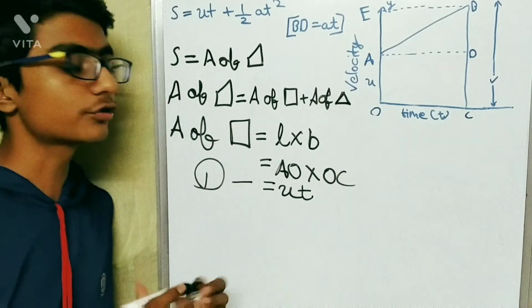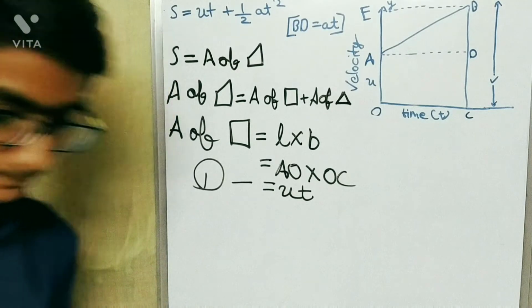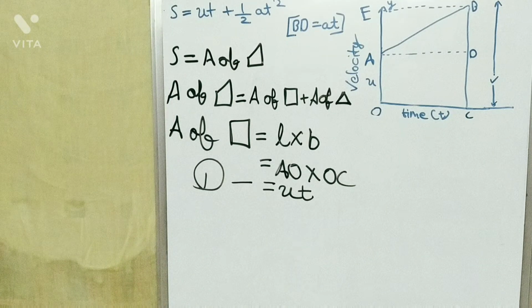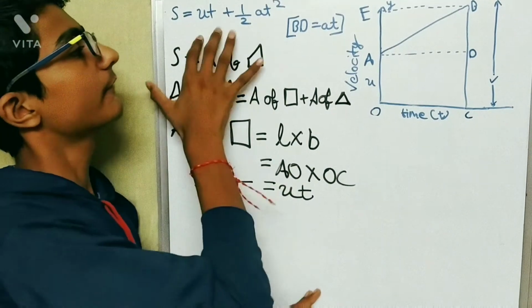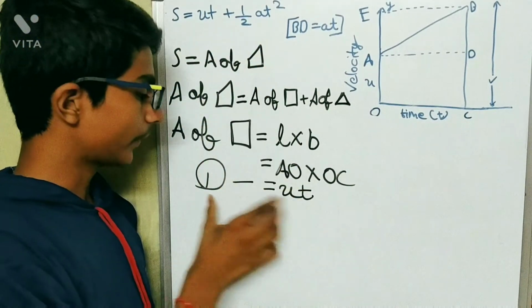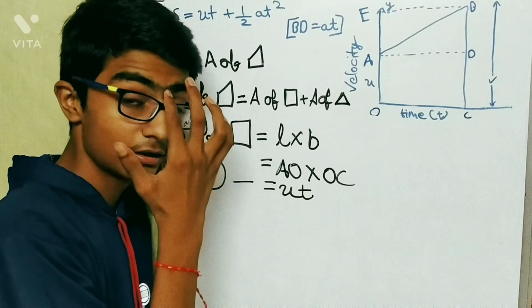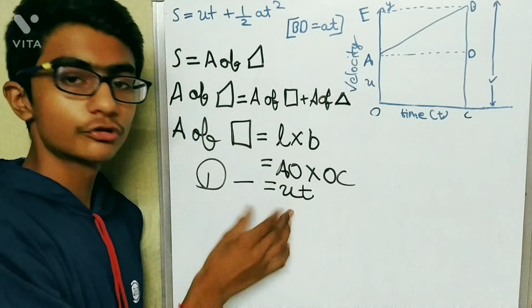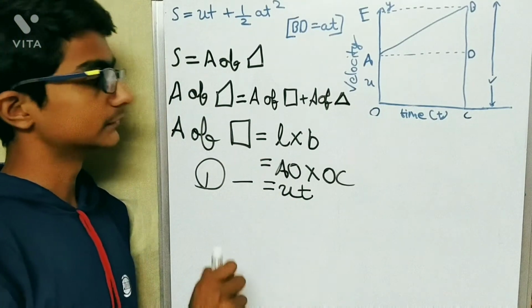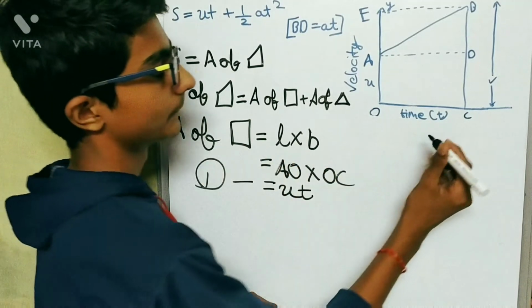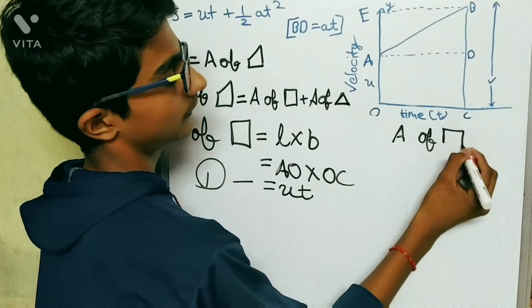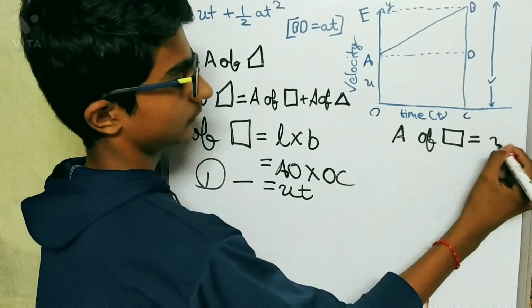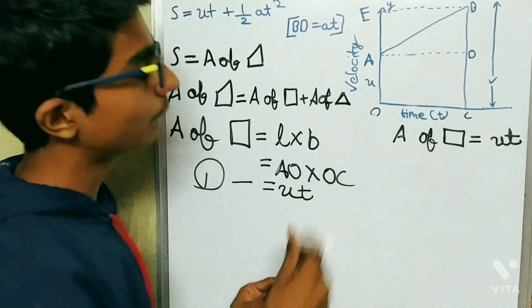This is our first equation. Remember, to derive any equation, you have to get two semi-equations in it, and we have got our first one. So now let's find the second one. The first one is, let me write here, the area of the rectangle is ut.